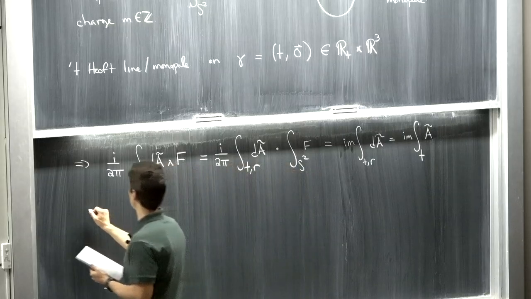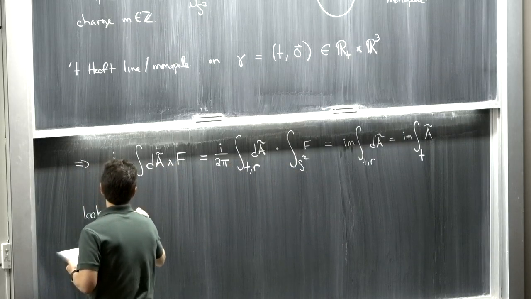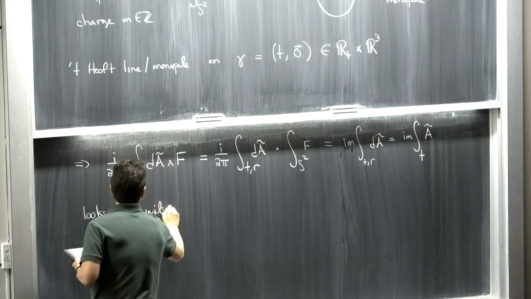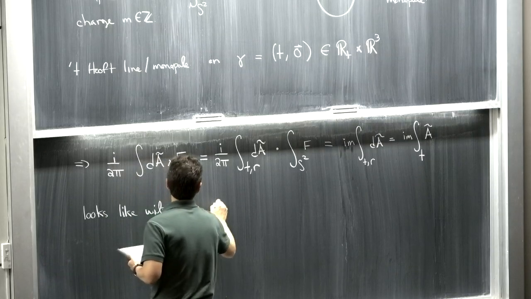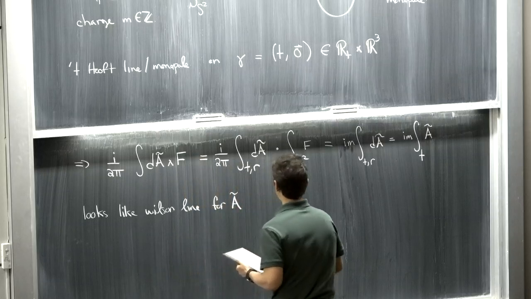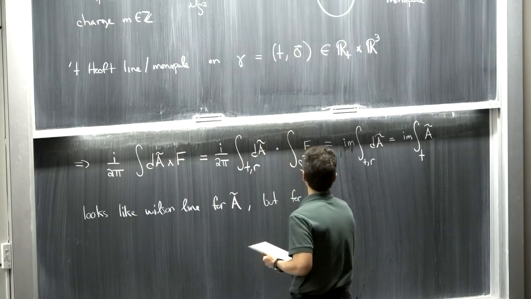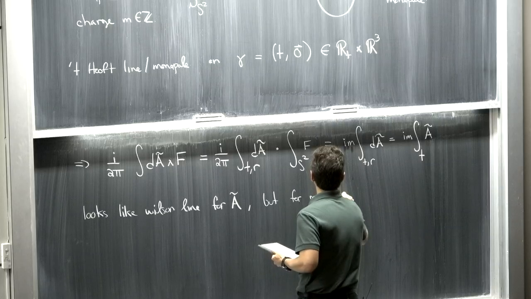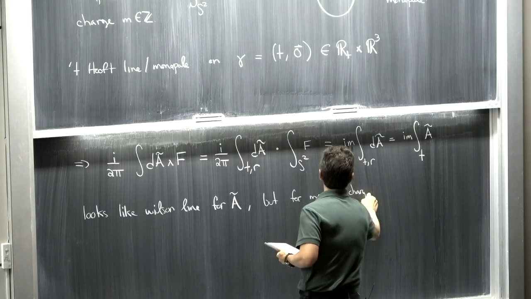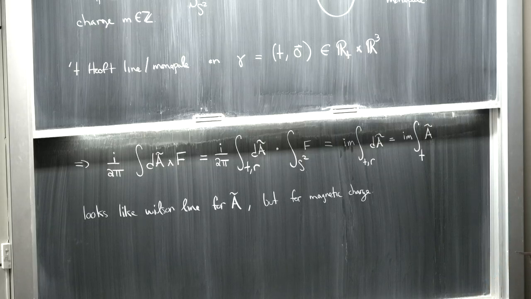So this looks like a Wilson line, but for magnetic charge. So that was the thing I wanted to show you.